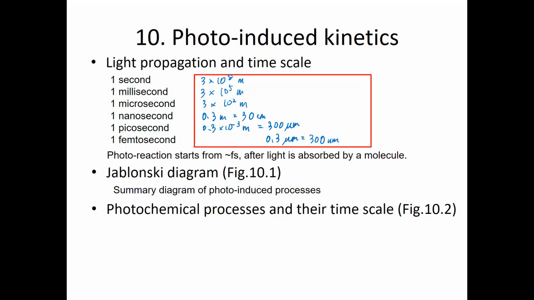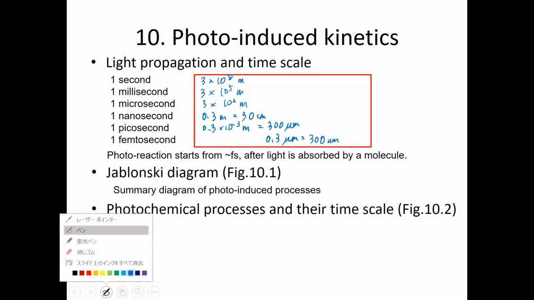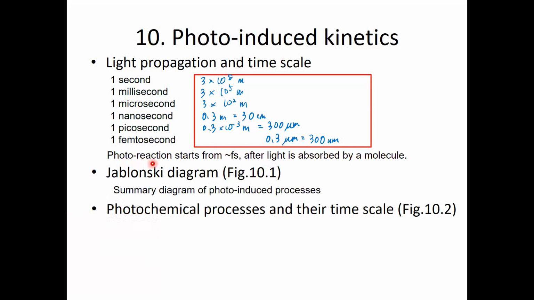Let me remind you that photoreactions start from the femtosecond order after light is absorbed by molecules. As I mentioned before, the wavelength is quite long, on the order of less than 1 micron.